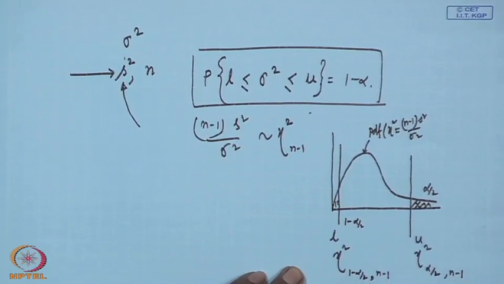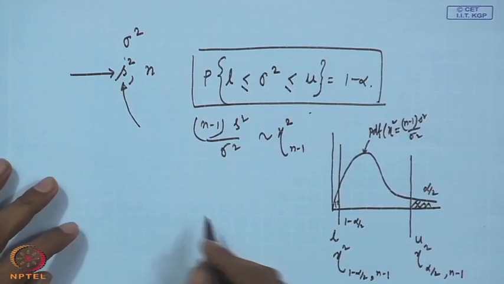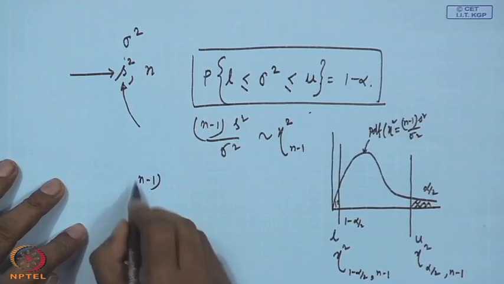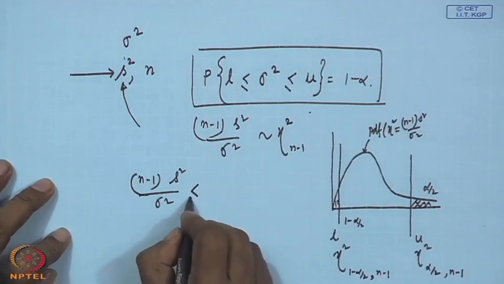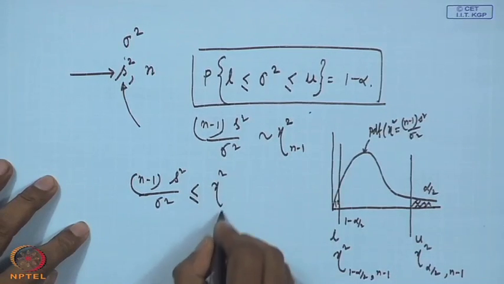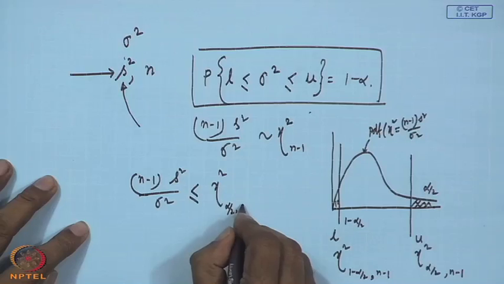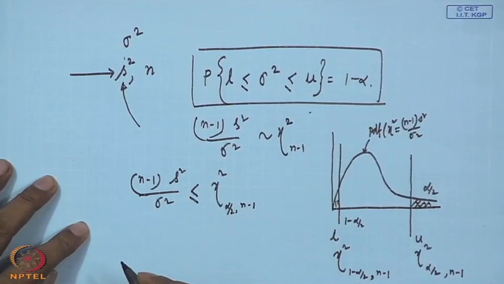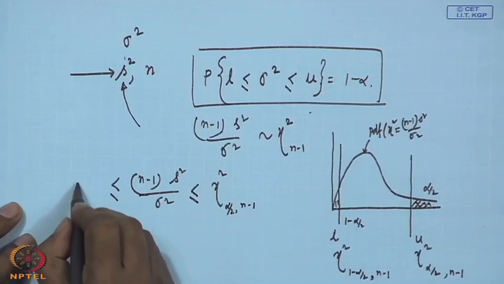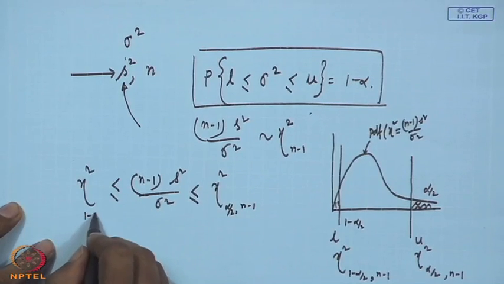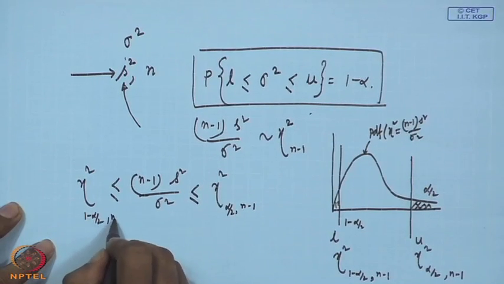So, what will you write? n minus 1 S square by sigma square must be less than or equal to chi square alpha by 2, n minus 1, as well as greater than or equal to chi square 1 minus alpha by 2, n minus 1.